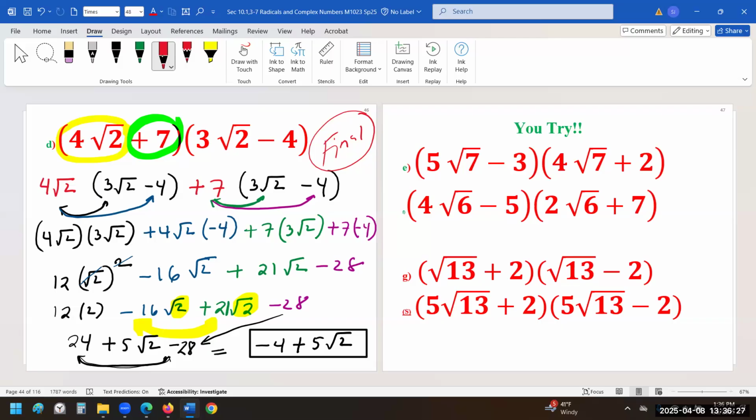How many square roots do you have? One plus six.